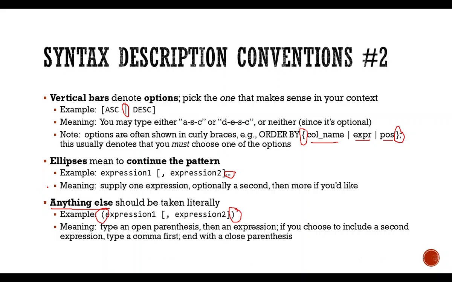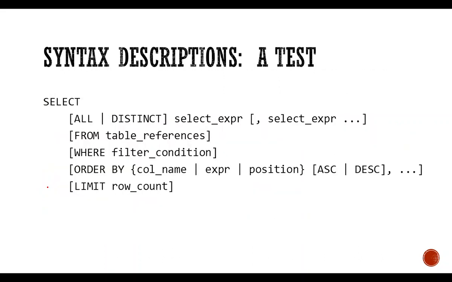So let's look at a sample and see if we can decode all of that stuff, right? First thing you can see is the select command is here, and then if you look, everything else is in square brackets, which means nothing else is going to be required except the select expression, right? This is the only thing that is not in square brackets. So that's the only piece that's required. Now what can come before that?